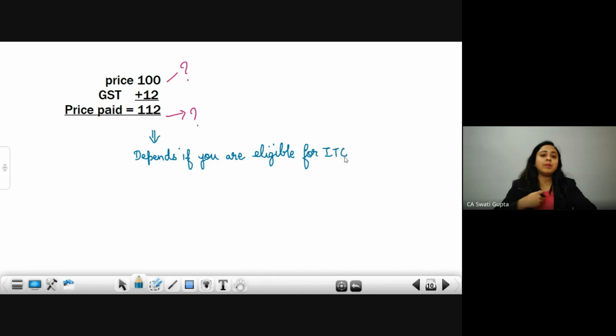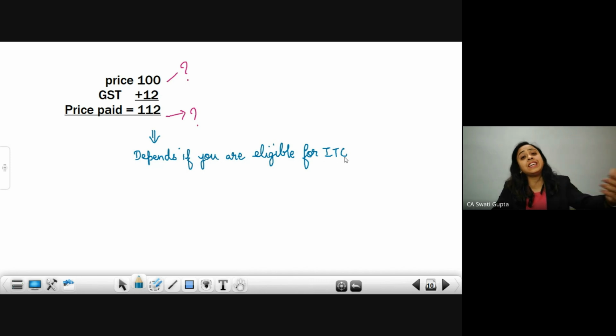For example, me being not a registered seller on the GST, I am not registered with GST. Then if I pay any amount of GST, I'm not given any input benefit. I cannot take any input benefit. Instead, that GST amount is the final outflow from my pocket. I'm the final bearer of that GST amount, and I cannot claim an input.